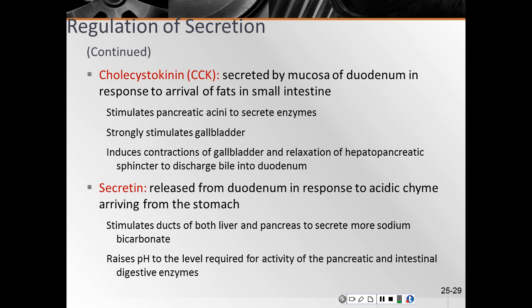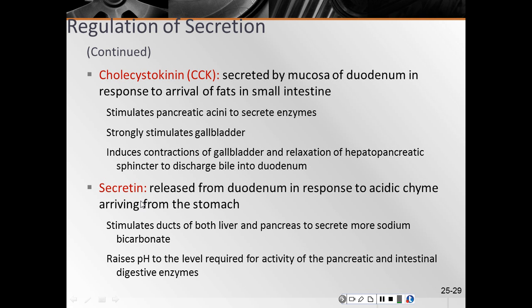Now, the third one, secretin, is produced in the small intestine in response to the acidity of chyme from the stomach. It stimulates the ducts of the liver and pancreas to secrete sodium bicarbonate to offset the hydrochloric acid, and to protect the intestinal mucosa from any type of stomach acid.